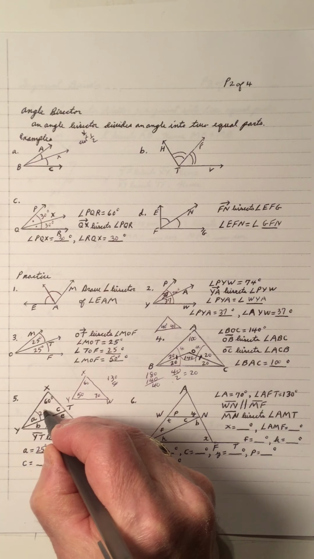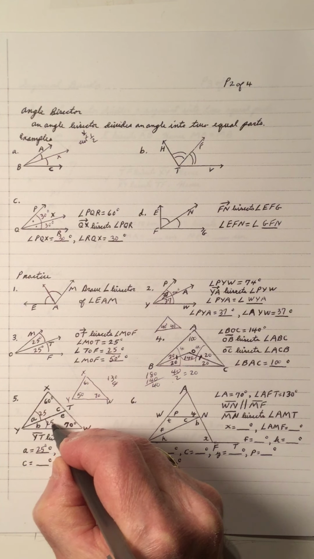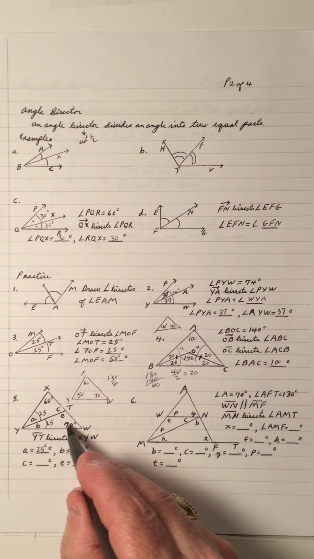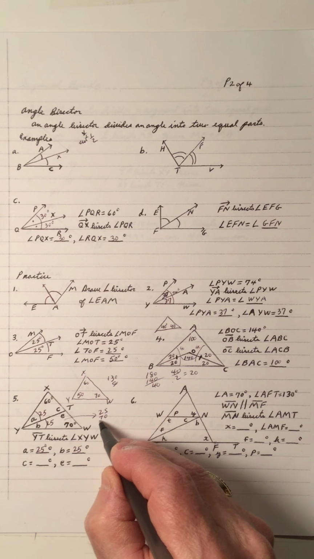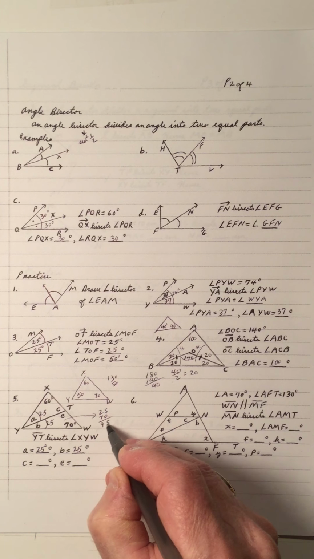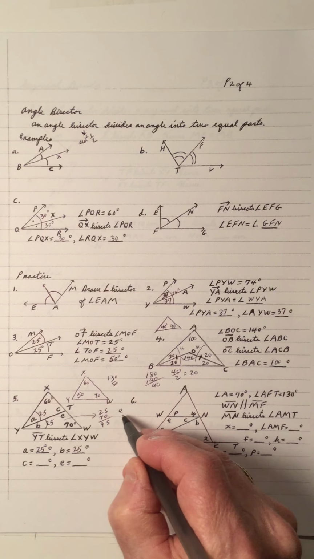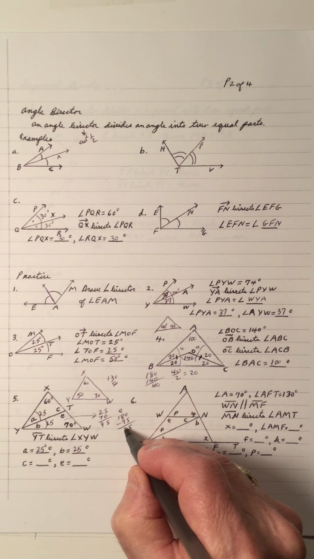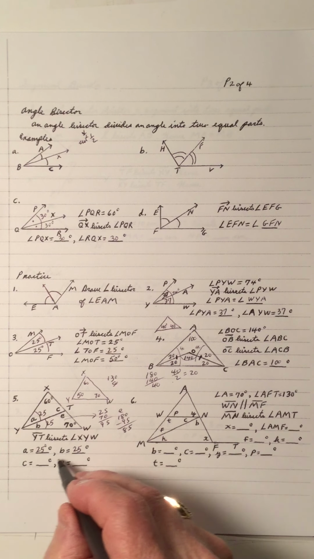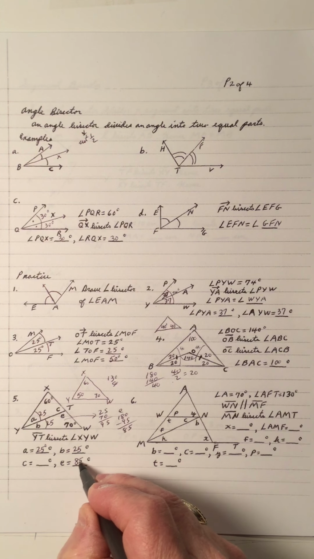So if that's a 25, and that's a 25, in this triangle right here I've got a 25 and a 70. That makes 95. So E is 180 minus the 95, which gives me 85. So E is 85.